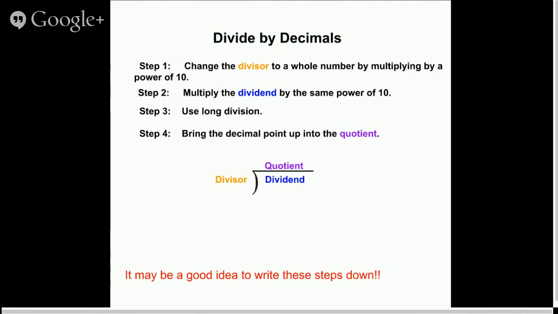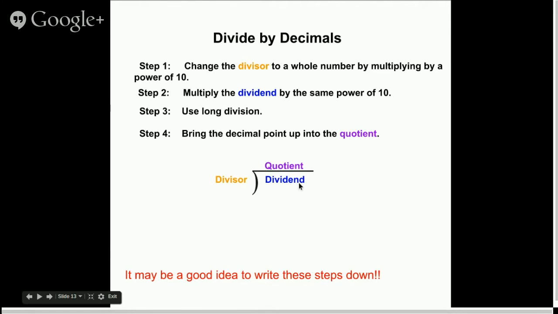This one's a little bit trickier. It would be a good idea to write these steps down. You do not have to. So first you need to change this number to a whole number. So it's going to be something less than 1. You need to multiply it by 10 until it's a whole number.